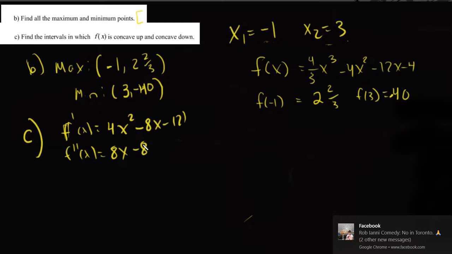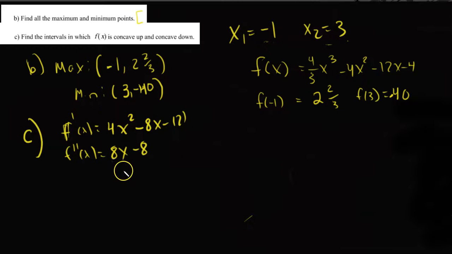So what we do here is we solve for the zero like before and set it equal to 0: 8x minus 8 equals 0, and we find that our critical value for the second derivative is not 0, it's 1.